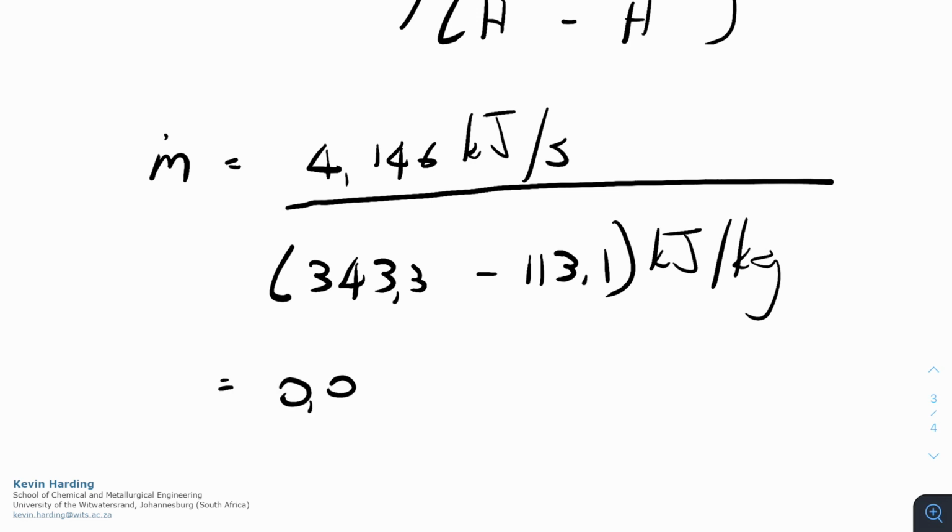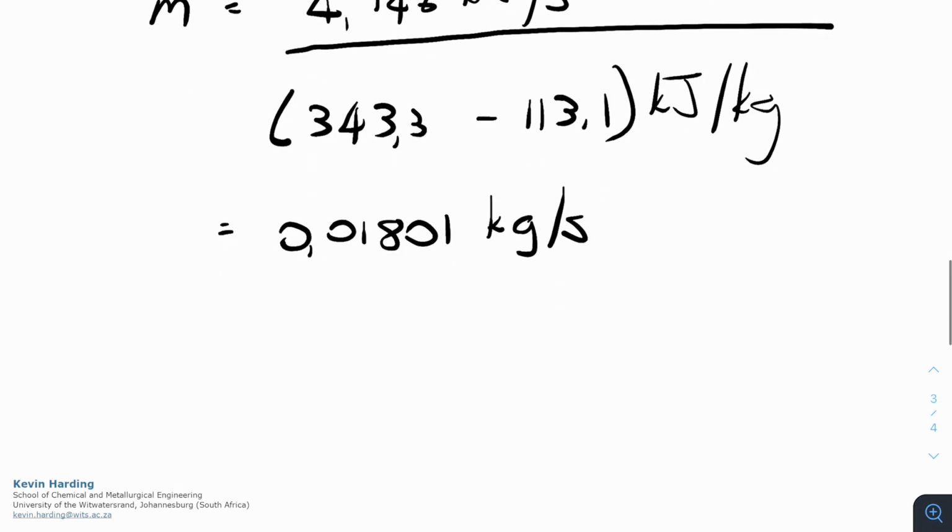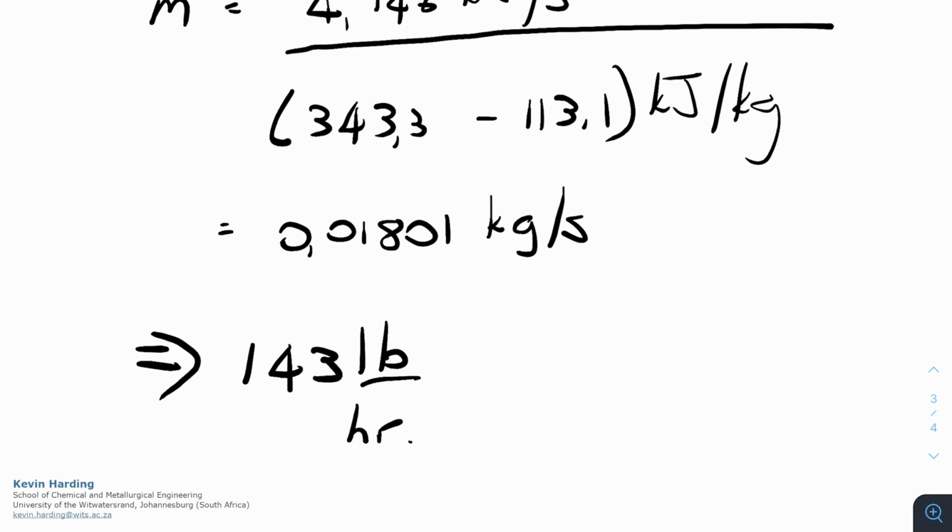If we do the maths on that, it is equal to 0.01801 kilograms per second. And if you want to take this back into the units we had before, this will equal 143 pounds per hour.